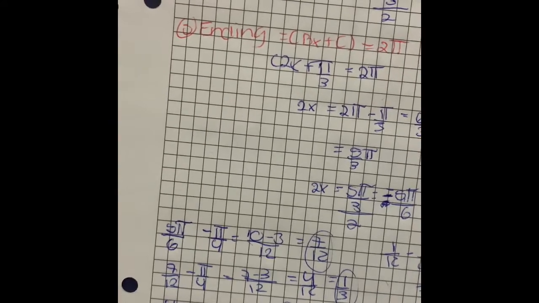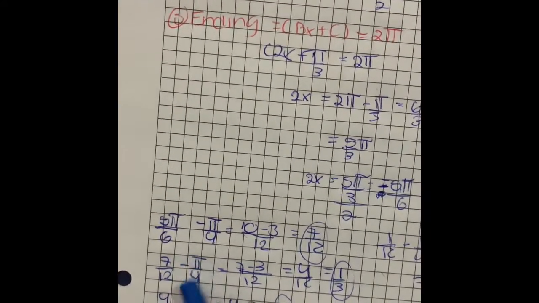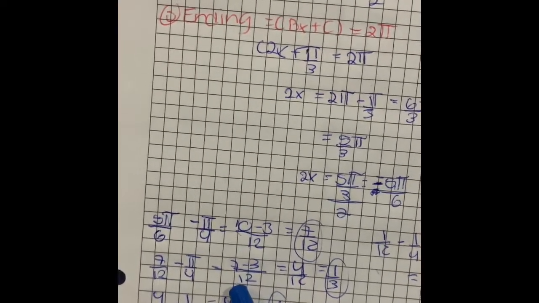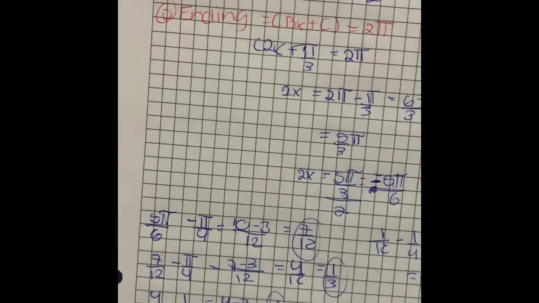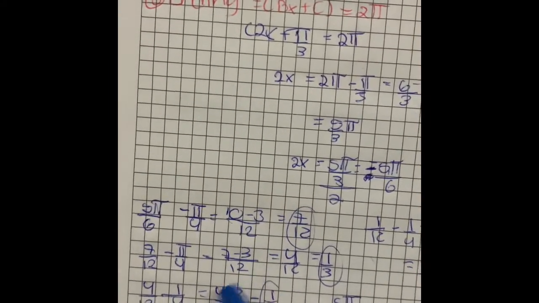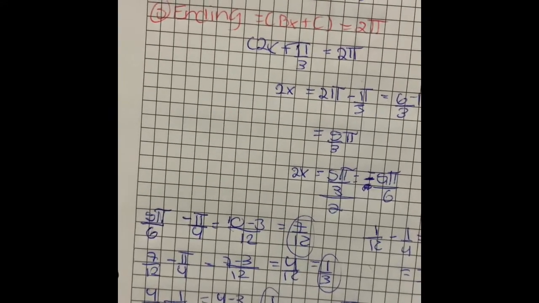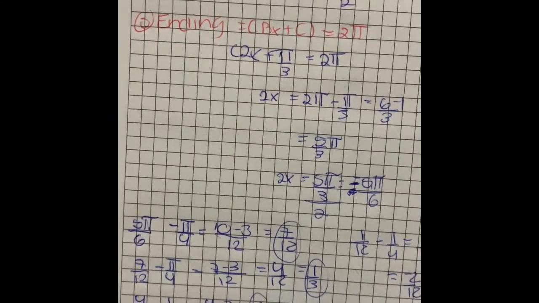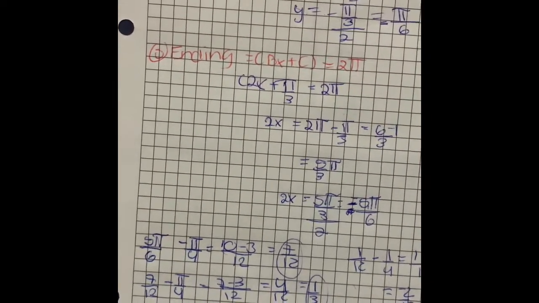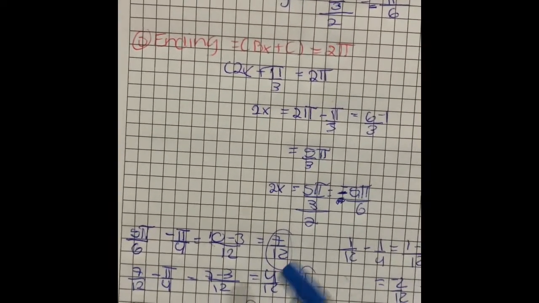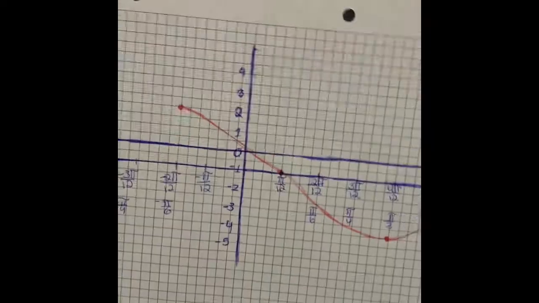And then for the π fourths, we do the subtraction for minus 3 between 12, and that gives us 1 between 2, that is like the middle. These are all our points.